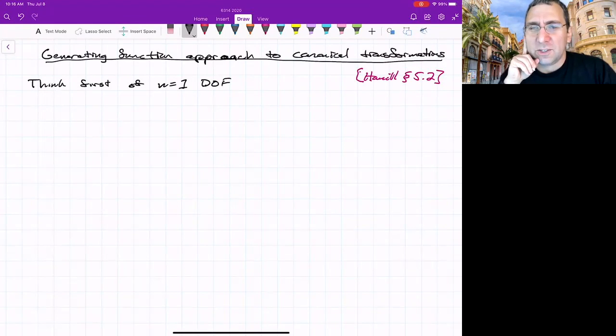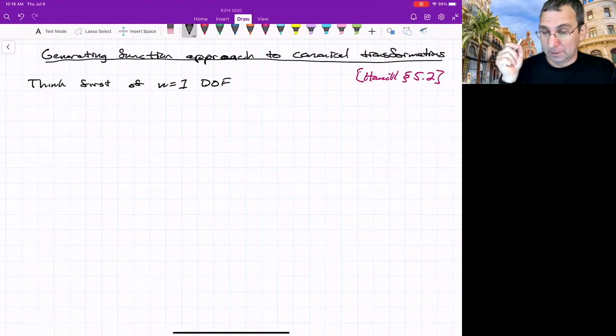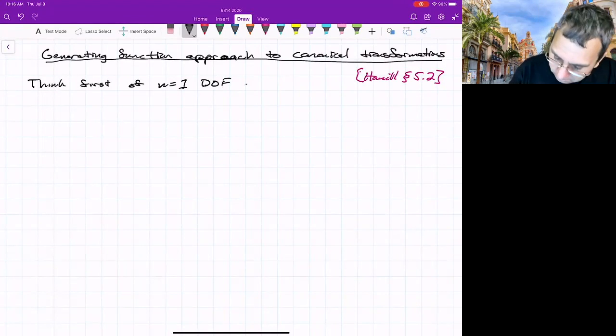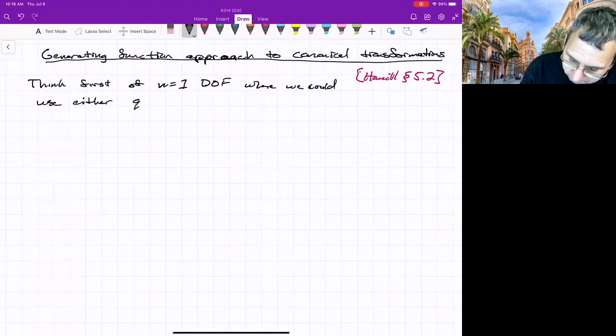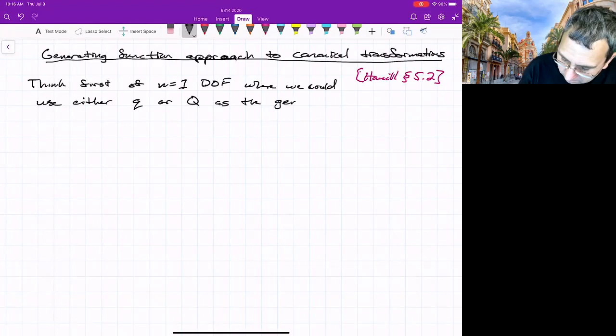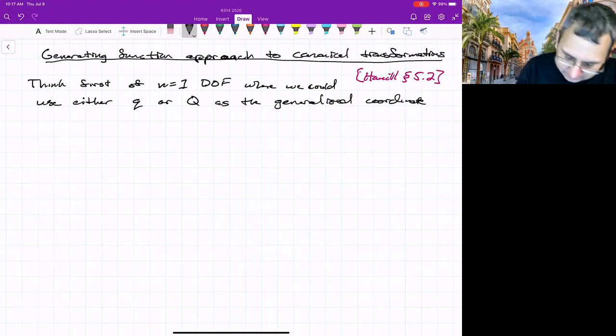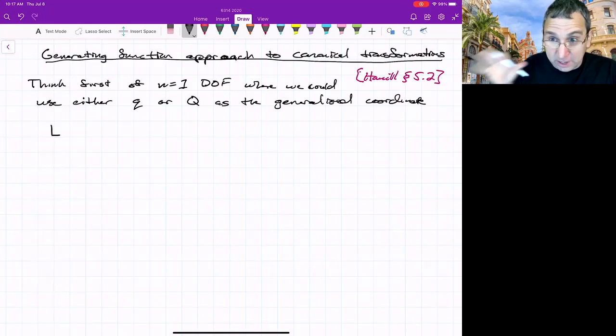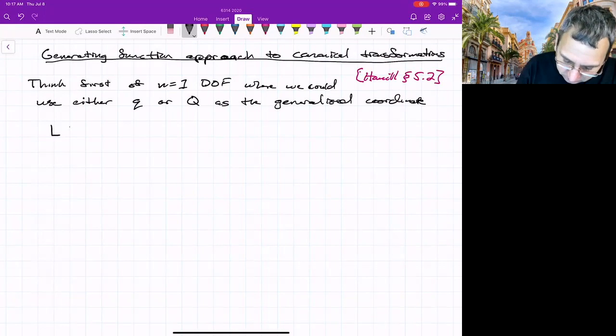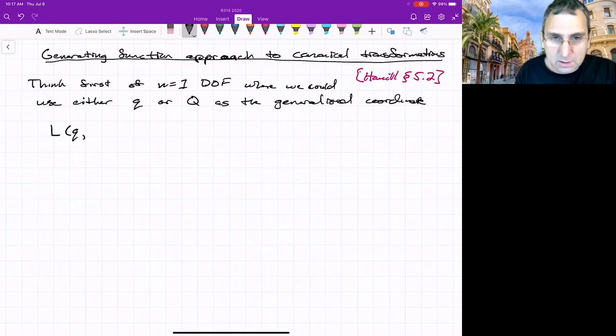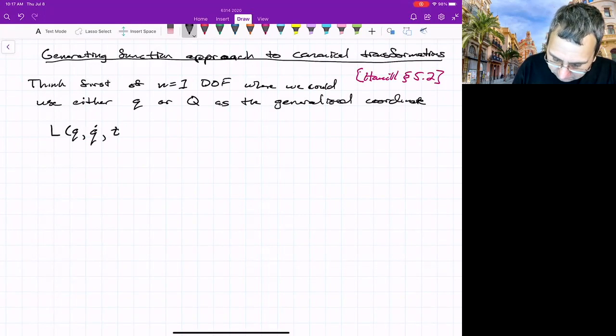And where we could use either of 2 generalized coordinates, little q or big Q, as the generalized coordinate to describe our system. And we're sort of backing up and writing the Lagrangian. If we had a Lagrangian written in terms of q, the little q, the Lagrangian would be a function of q dot, and possibly time.